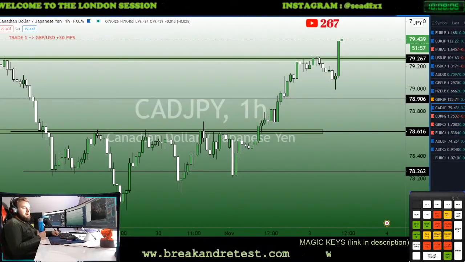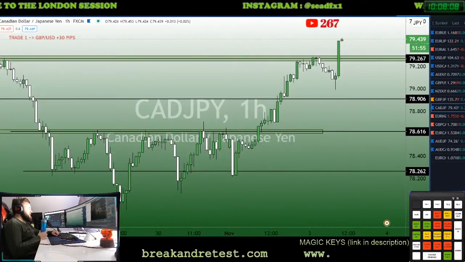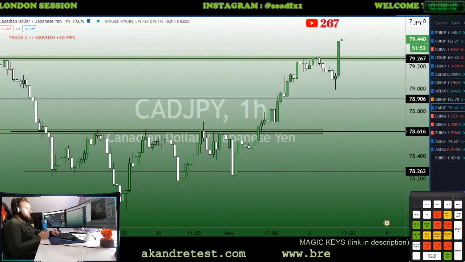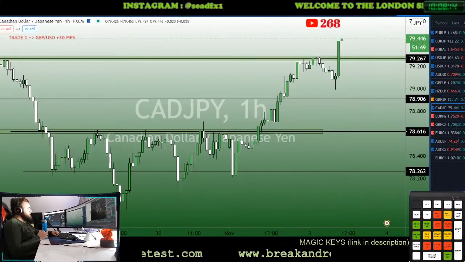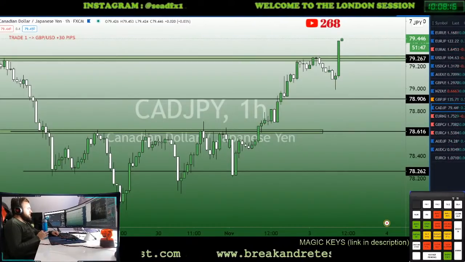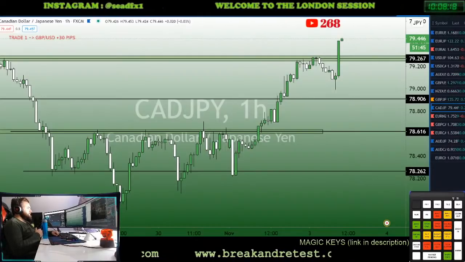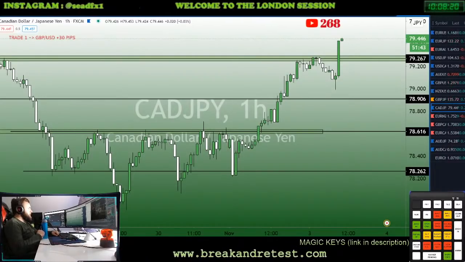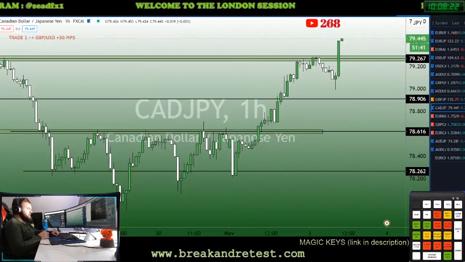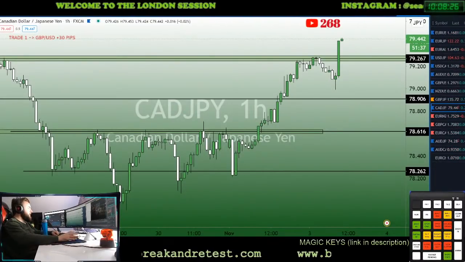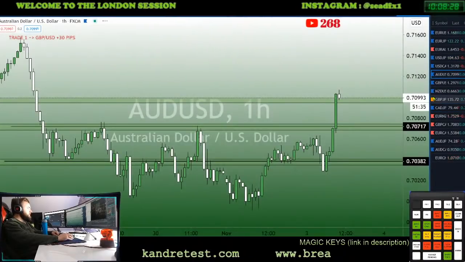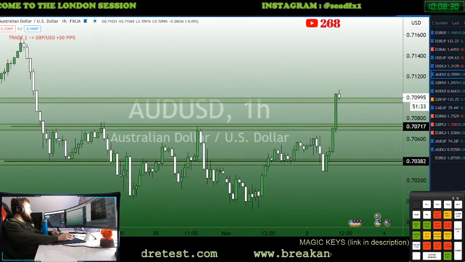3-4 setups by now, because GU Euro USD was before. Now CAD JPY did break. Also, it was a daily retest. Also, GBP JPY broke up, making a retest. There's so many setups today. If you woke up early today, you could have caught also AUD US dollar.